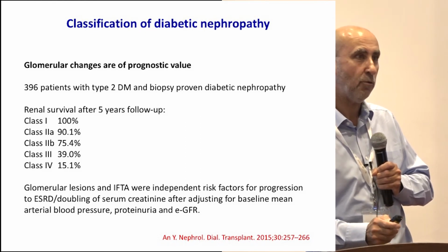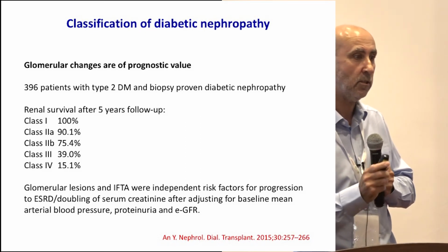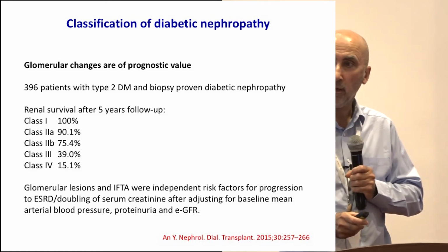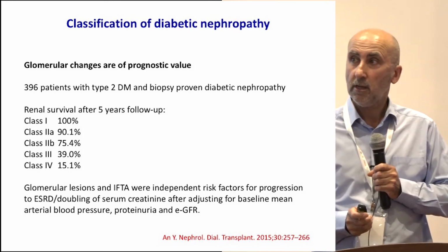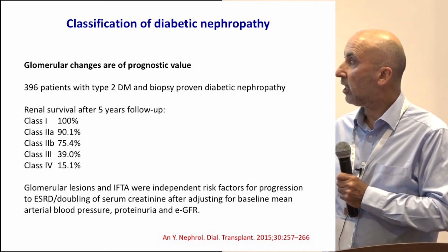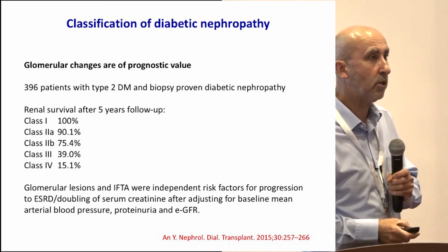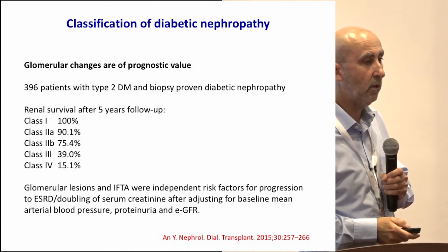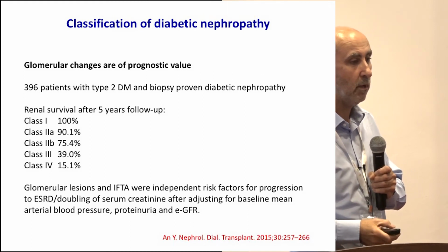What's the evidence for the use of this classification? Well, there was an early study that demonstrated that the various classes had very different outcomes in terms of renal survival, and that's pretty impressive.